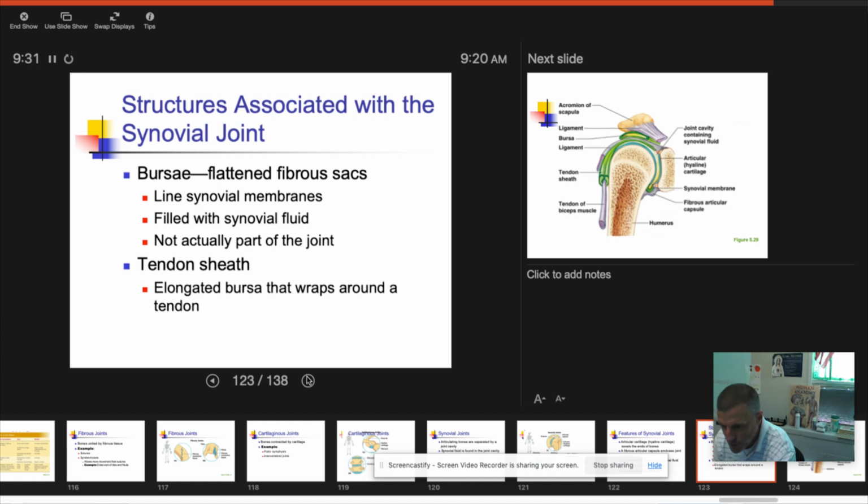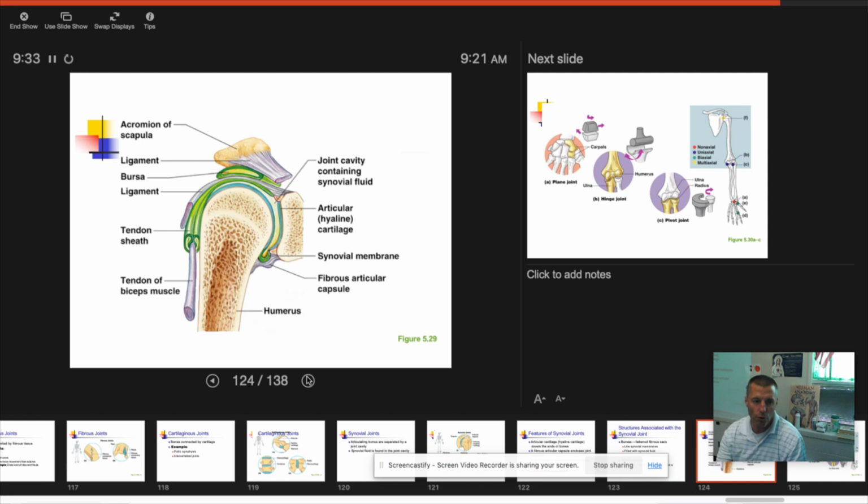So here's what that looks like. Again, this is the shoulder joint. Here's the bursa, and here's the tendon sheath, both of which have fluid in them and are meant to reduce friction. This is the joint containing that synovial fluid, lining that.